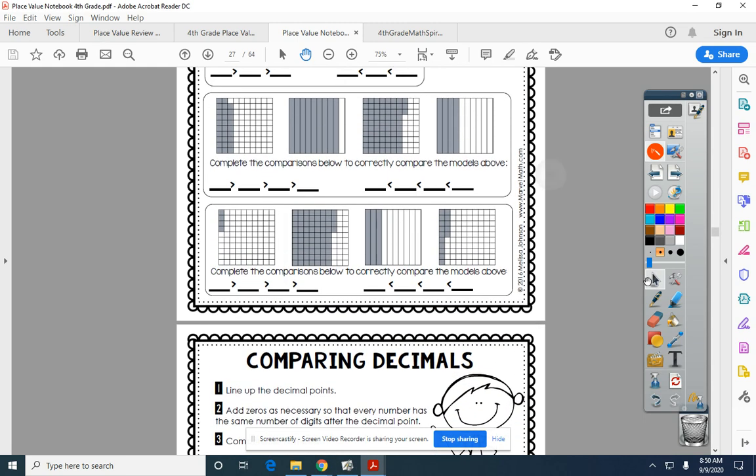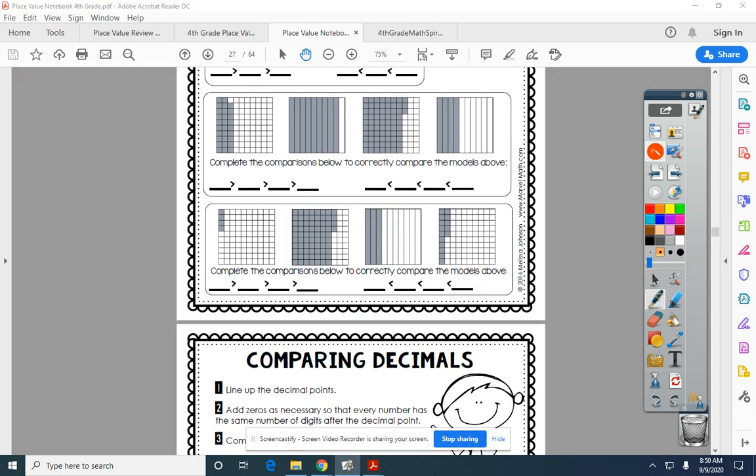Okay. This one right here. So first thing we need to do is what? Label. Label these, right? Who can tell me what is the first amount? Gracie, what's this amount right here? Where's the decimal on that? 0.29. Okay.